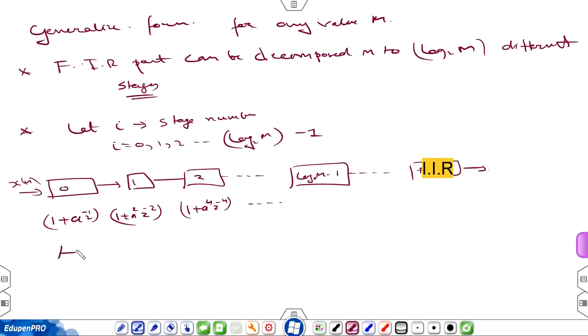Okay, and the overall transfer function will be given by, so these are cascaded, so we can multiply these.